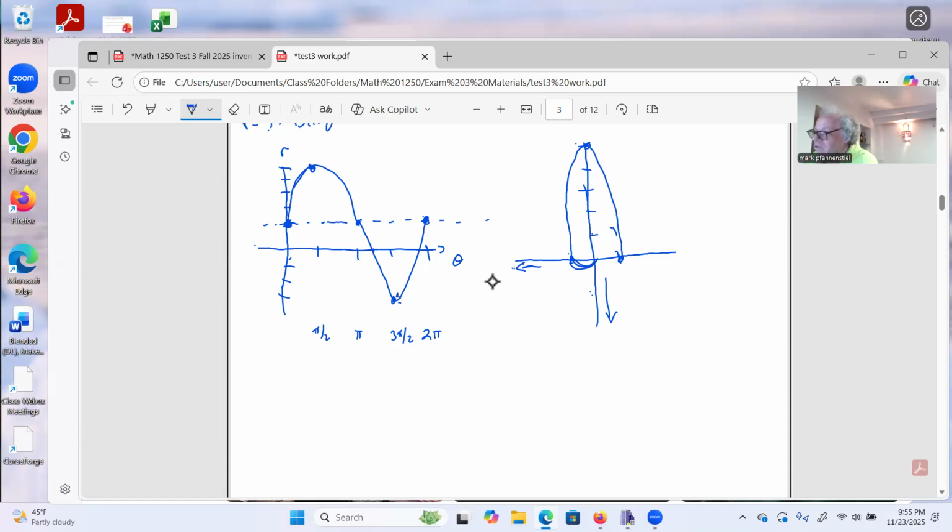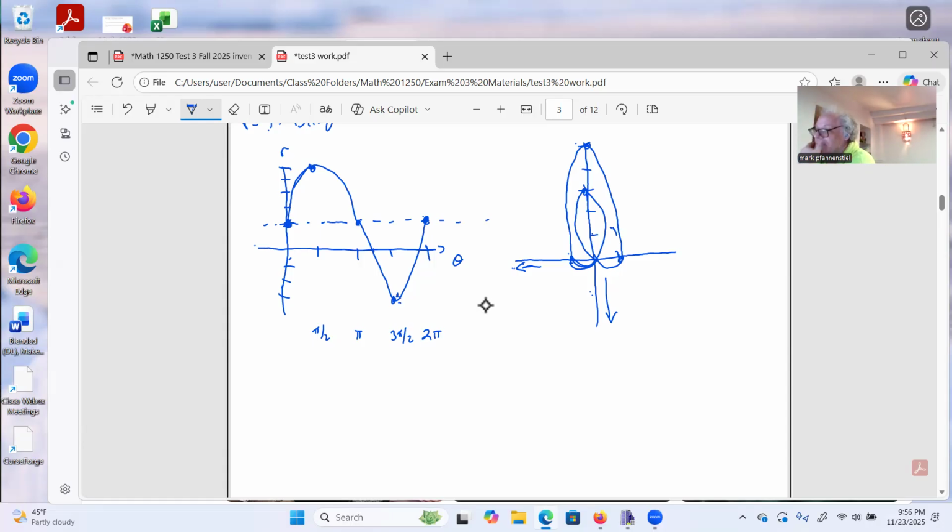So it's going to be 1, 2, 3 backwards. We're going to be up here at 3 units away. And then I'm just going to fill in the rest of this piece and then kind of come out like that. Okay, that's a terrible graph, but that's kind of what we're looking for to show what a limaçon this is, a limaçon with an internal loop, and that's what's going on.